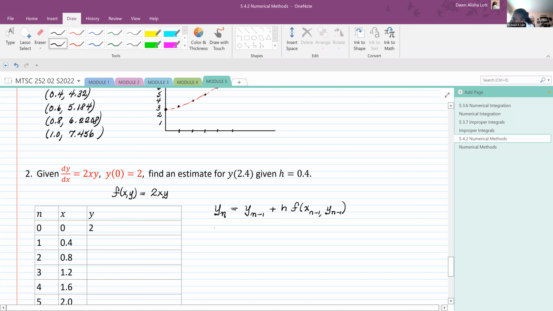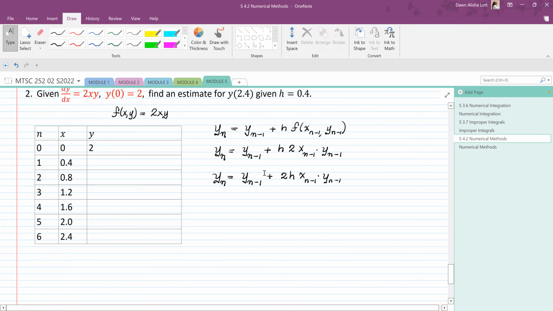So I get yn is yn minus 1 plus h times 2 times xn minus 1 times yn minus 1. So my formula now is yn is yn minus 1 plus 2 times h times xn minus 1 times yn minus 1. Okay, so that's the formula we're going to use.